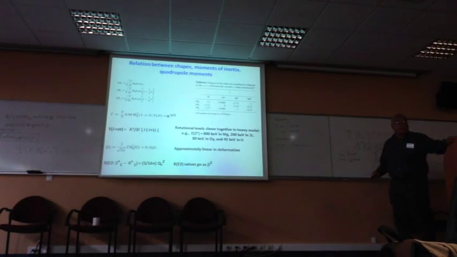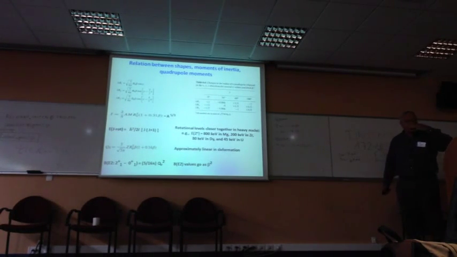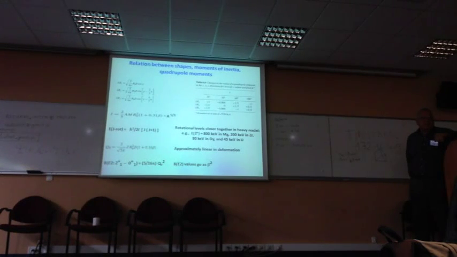Can I ask also something about the BE2? I always think of the quadrupole moment as the diagonal matrix element. So the quadrupole moment of the ground state would be the diagonal matrix element of the ground state. And it's kind of the BE2.